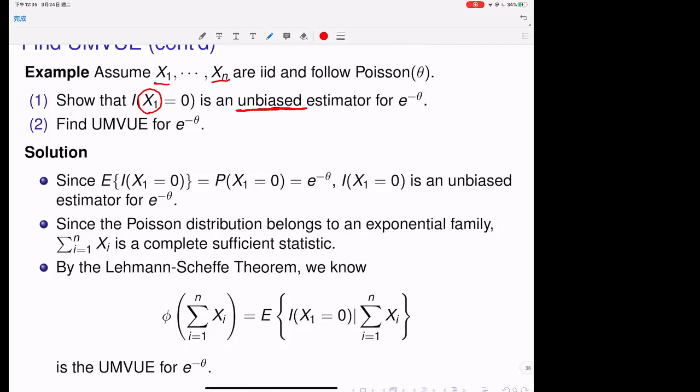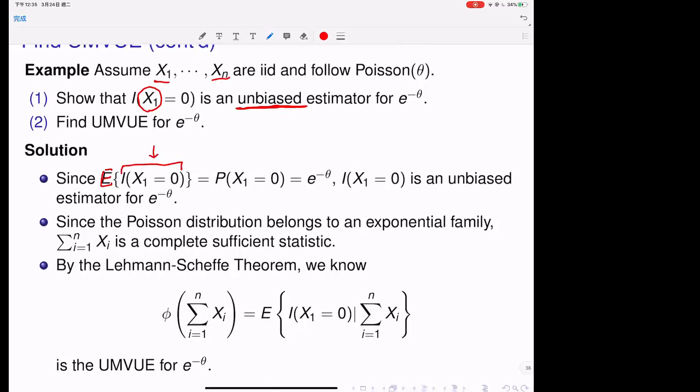How do I show that it's unbiased? Going with the definition, take the expectation of my estimator to show its unbiasedness. This is an indicator function, which is binary, and as I keep telling you, the only choice of distribution for a binary variable is Bernoulli. The expected value of an indicator function is nothing but a probability, the probability of X1 equal to 0. Because it's a Poisson, X1 equals 0 has probability theta to the x over x factorial times e to the minus theta, with x equal to 0.